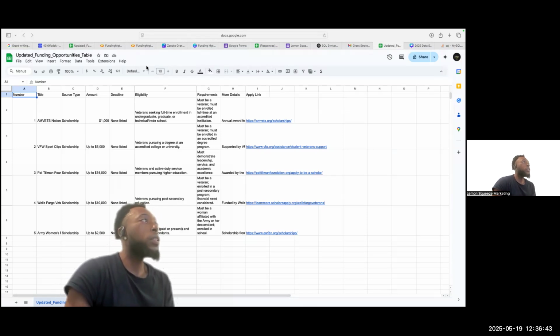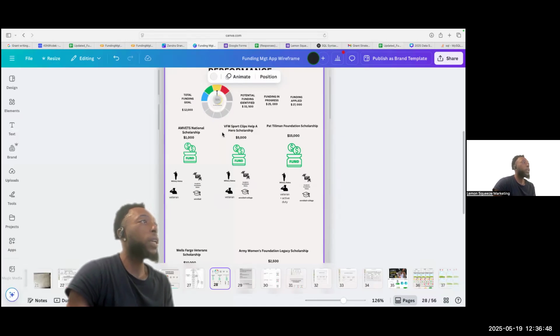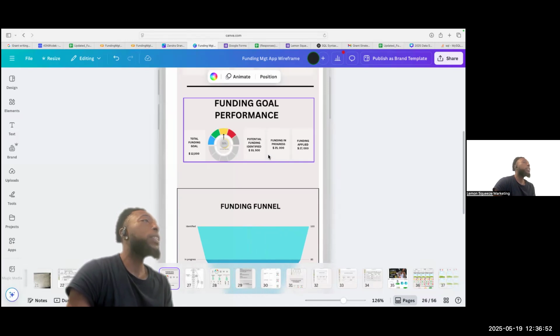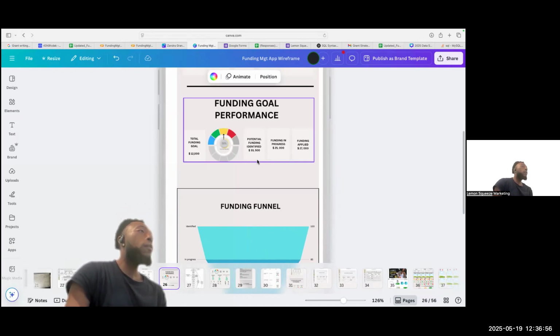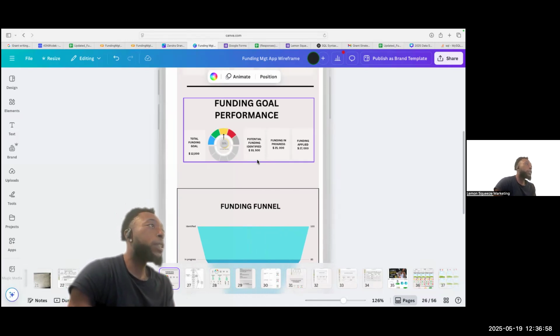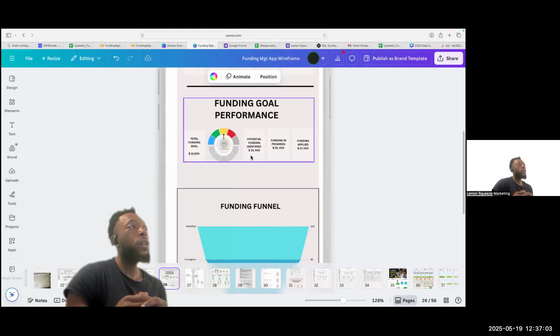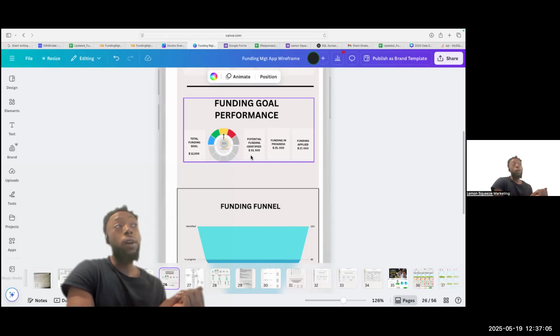The insight that we're getting at right now, if we go back to our dashboard for a second, is the potential funding identified. For our participants, we want to show the dollar amount of all the funding that we've identified that they qualify for.